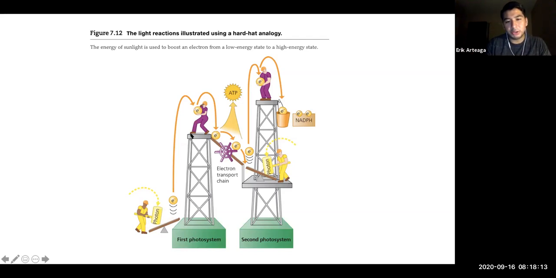But that first photosystem, again, is going to be throwing these electrons up into a higher energy state, right? And then you can pass those down the electron transport chain, which will then pump protons into that thylakoid space, where then it can be used as a potential energy to pass through the ATP synthase, right? Then you gain your energy.